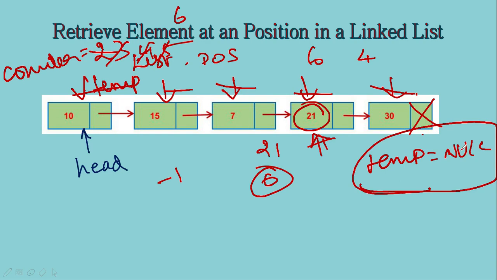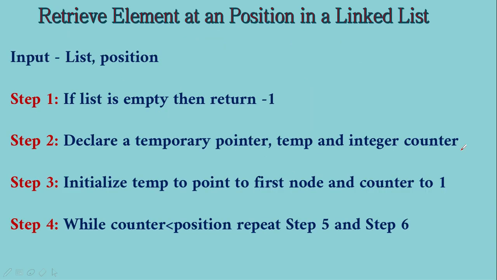So let us see the algorithm step by step. The first step is, as discussed, if the list is empty, then you will return -1. Otherwise, you come to step number 2, where you declare a temporary pointer temp and an integer counter, and you initialize the temporary pointer to point to the first node, that is, make it point to head, and the counter will be 1.